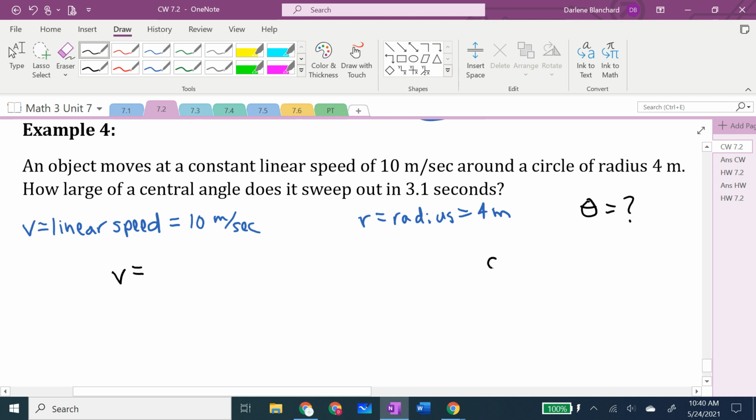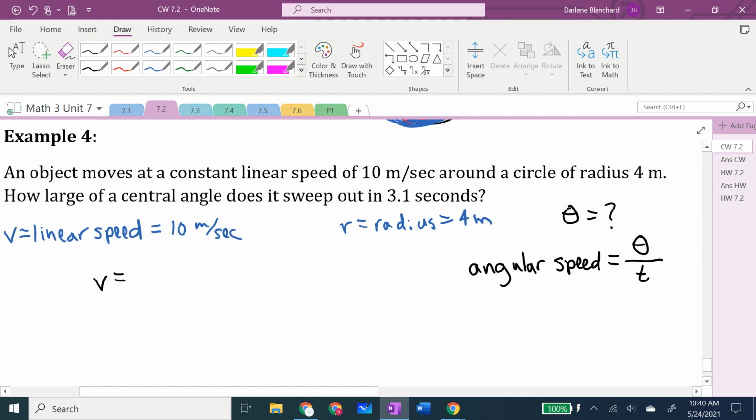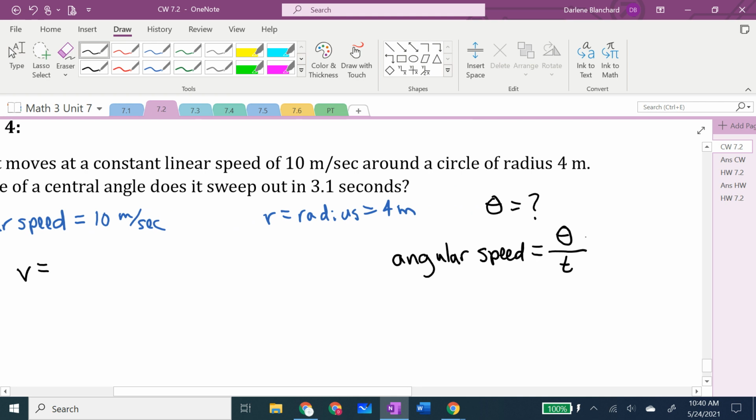I want to remind you that angular speed is how much theta you get per unit of time. I'm using time in seconds.